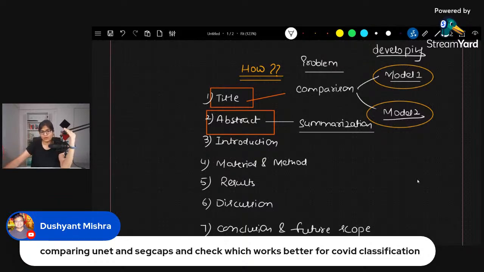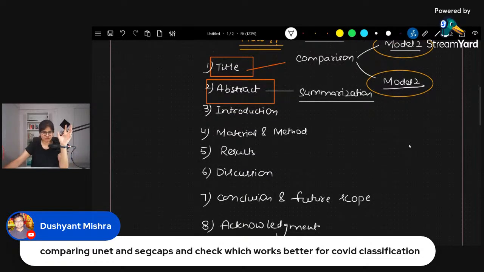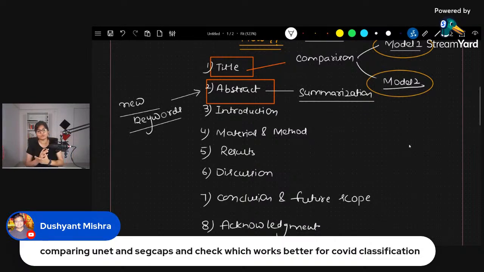Okay. Now once you are able to get the summarization of your research paper, you will get the understanding. It might happen that you will encounter some new keywords which you haven't used in your entire life till now. At that point of time, you are supposed to mark those keywords and search separately on Google what the word is all about.